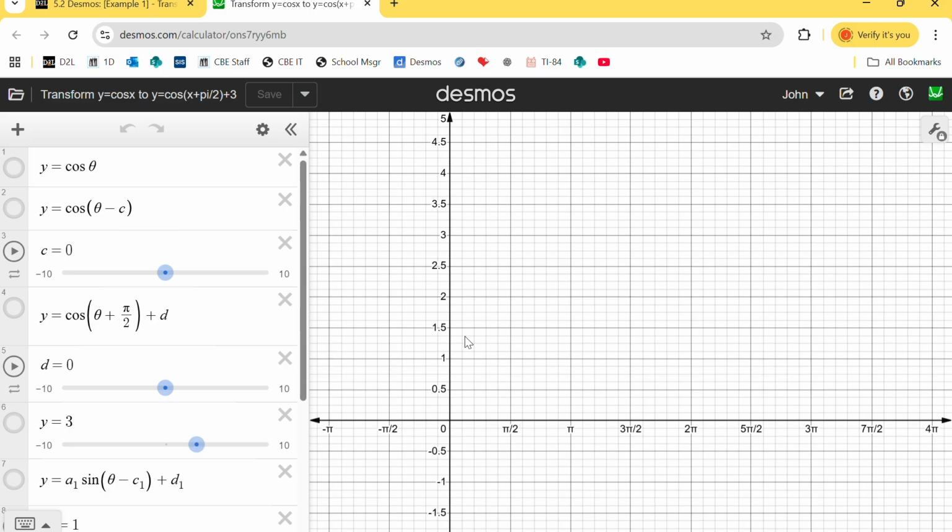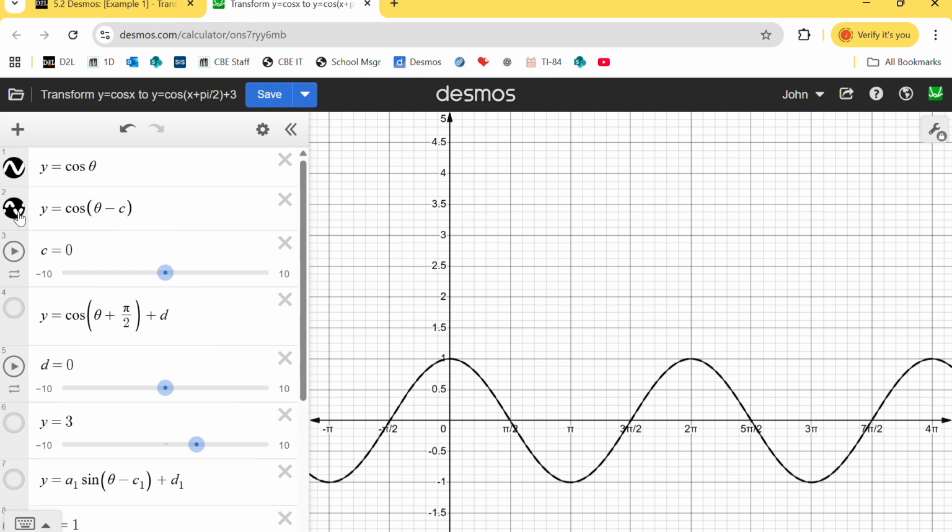Hey folks, on Desmos, I start with our base function y equals cosine of theta. I want to transform it to y equals cosine of theta plus pi over 2 plus 3. First, I know it's a phase shift or translation of pi over 2 units to the left, so negative pi over 2. So I go this way, and that's roughly pi over 2.